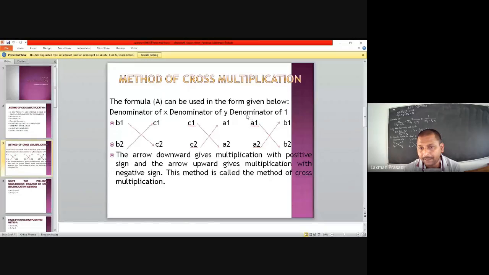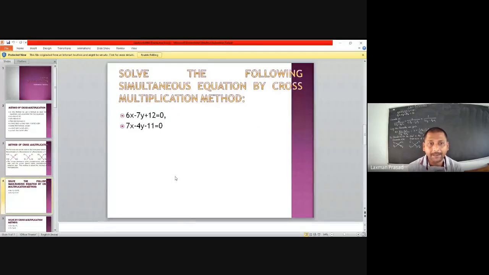In the same way, denominator of 1: a1 b2 a2 b1. The arrow downward gives multiplication with positive sign and the arrow upward gives multiplication with negative sign. That's why in the difference there is a negative sign. This method is called the method of cross multiplication.